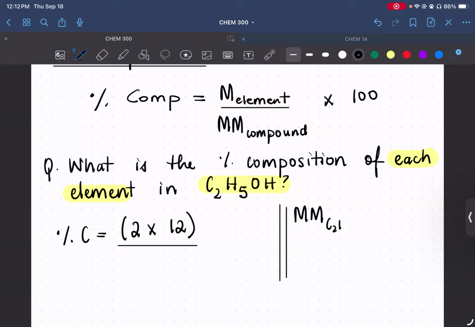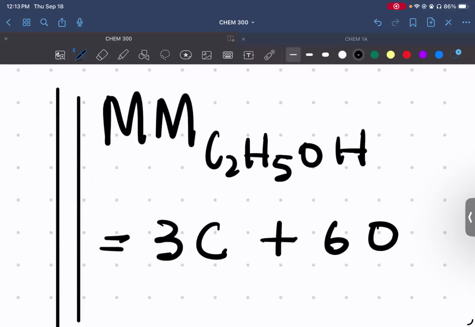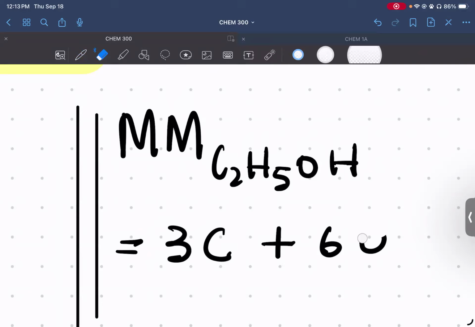The molar mass of C2H5OH is equal to 3 carbons added to 6 oxygens. Notice that there are in total 6 hydrogens. Whoops.